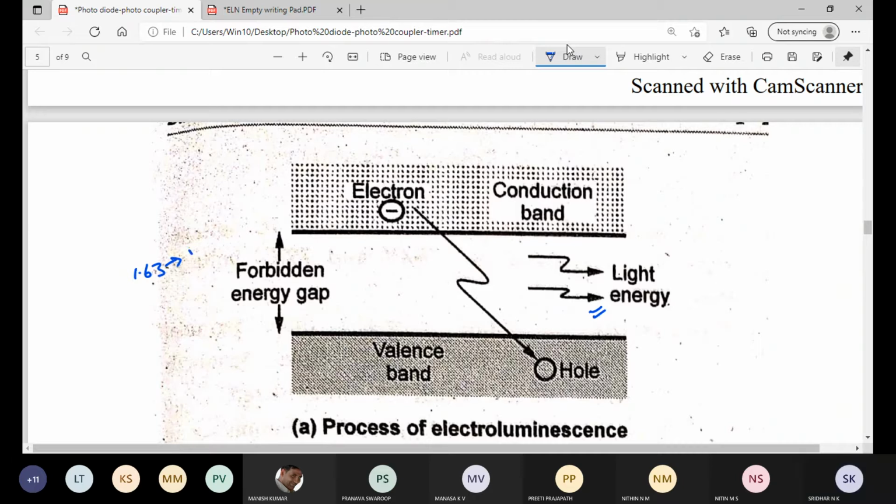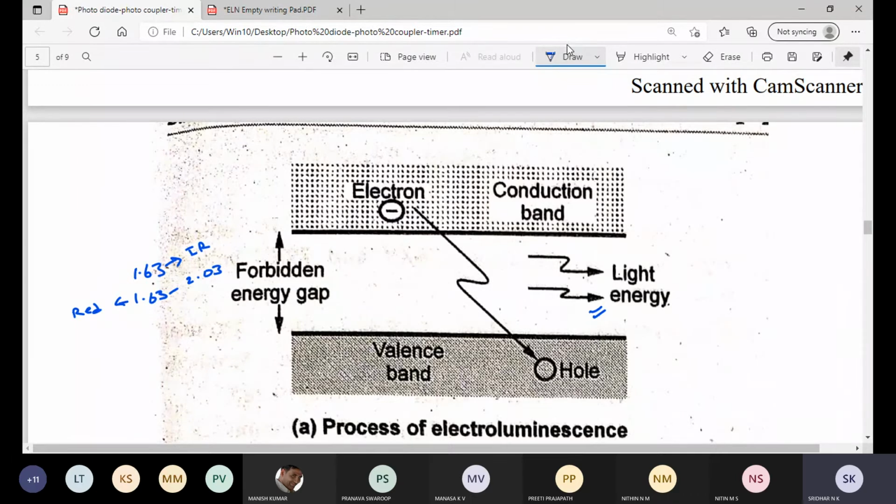IR light, which is used in remotes. Next, if the energy level is from 1.63 to 2.03 electron volt, then this is red. You will get red light out of this gap. This is just for your understanding, it is not required for the syllabus writing.